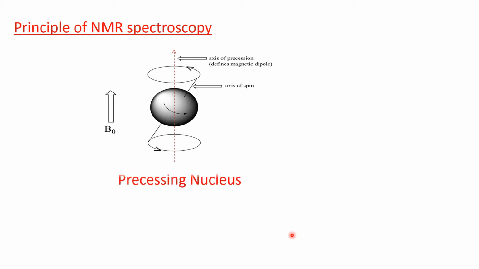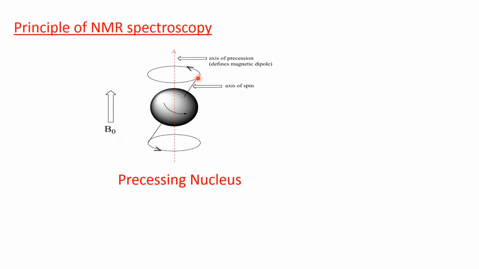Now, coming to the precessing nucleus. What we have seen is that the nucleus is rotating along its own axis. Now, see, this is the nucleus. It is rotating along its own axis. This is the axis. And you have applied the external magnetic field. The direction of the magnetic field is this direction.